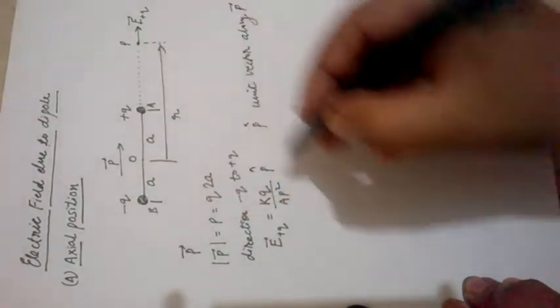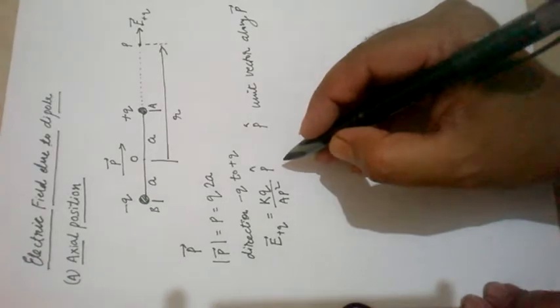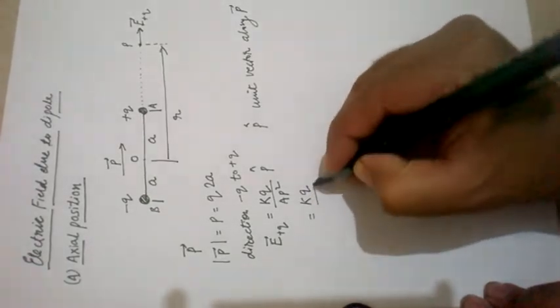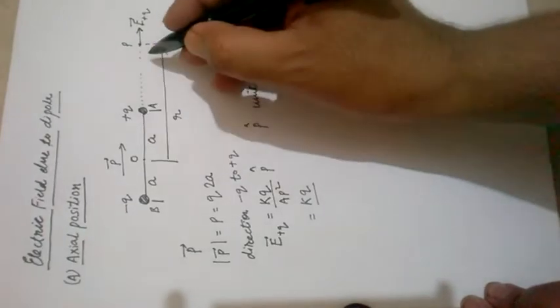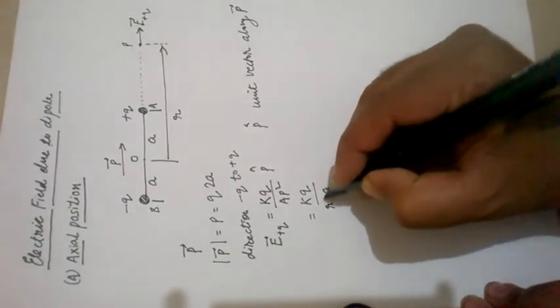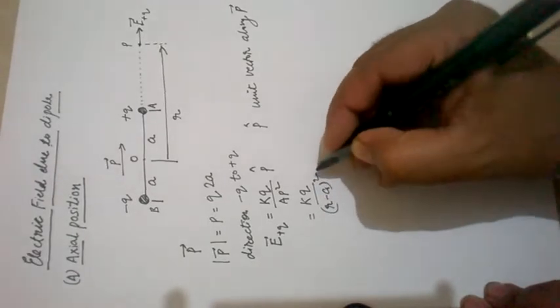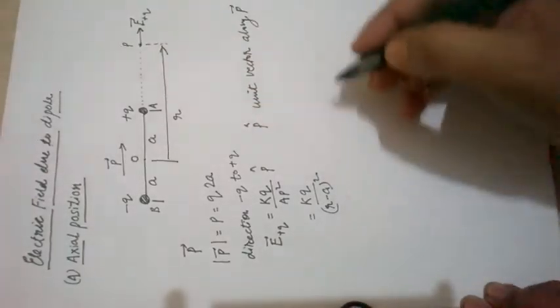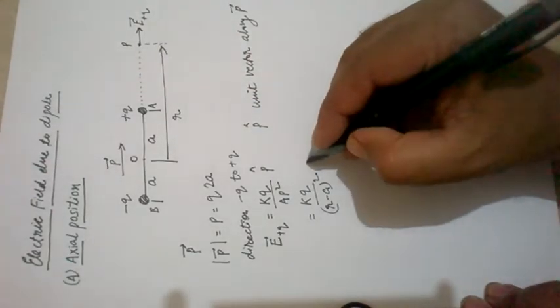Both have the same direction, so this gives the direction. Now we can write it as k q upon AP squared. What is AP? AP equals r minus a, whole squared. This distance is r, and subtracting a gives this distance, times P cap.